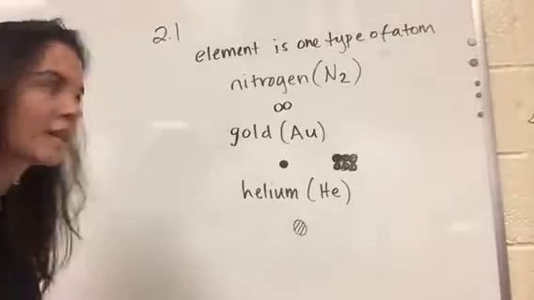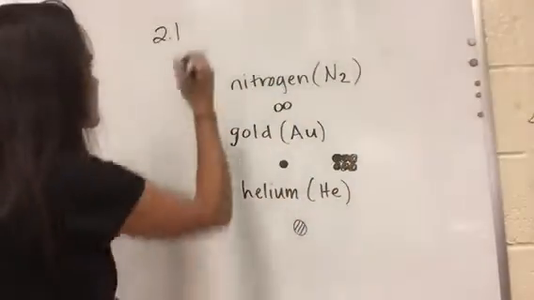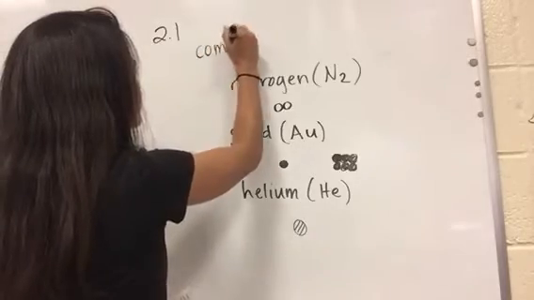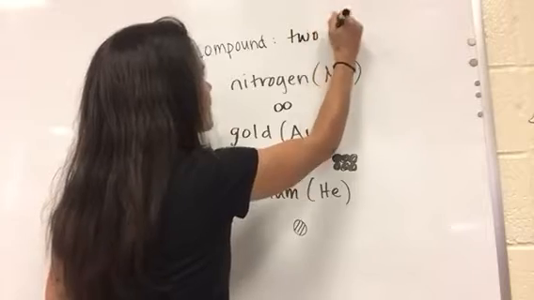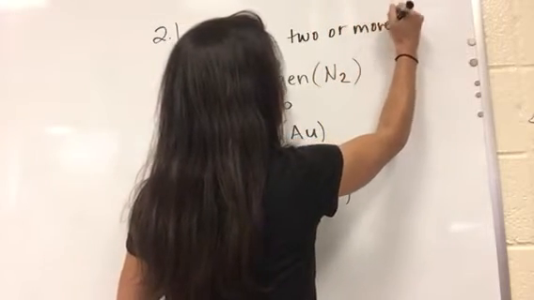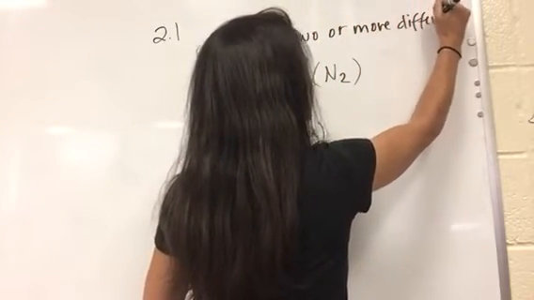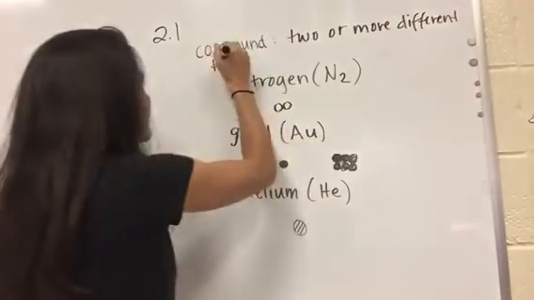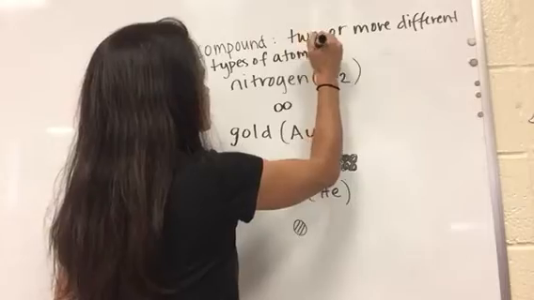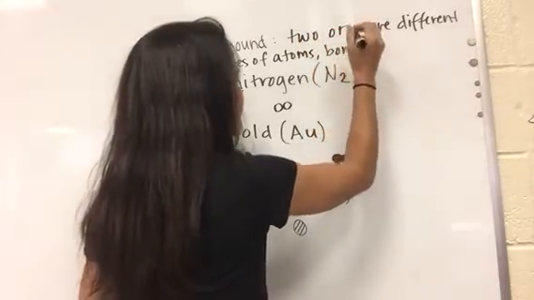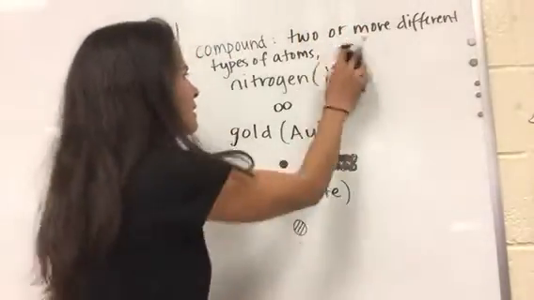So the definition of a compound is two or more different types of atoms bonded together, chemically bonded, I should say.